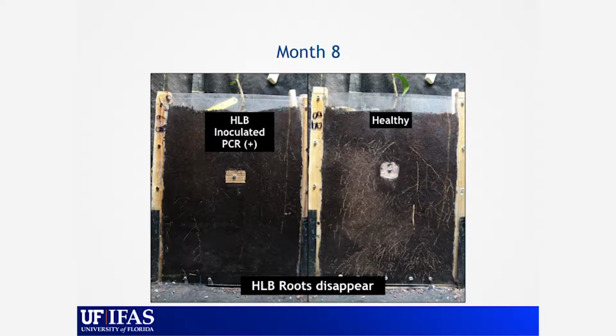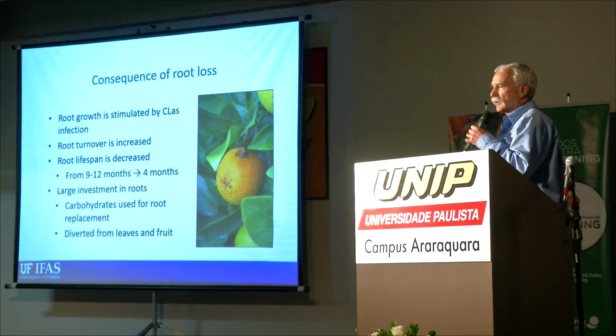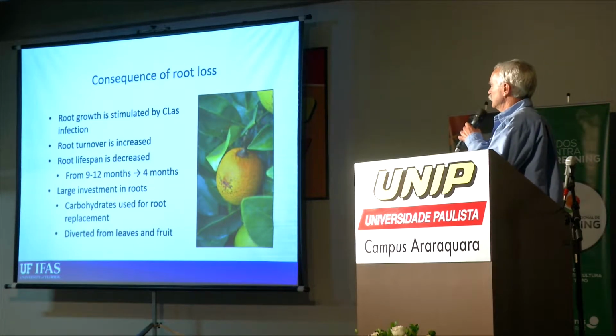This is a cycle of production of roots and then loss of roots that is very costly to the tree, and I'll show you the evidence for that. Again, roots disappear by month 8. So what's the consequence of this root production and root loss in HLB trees?